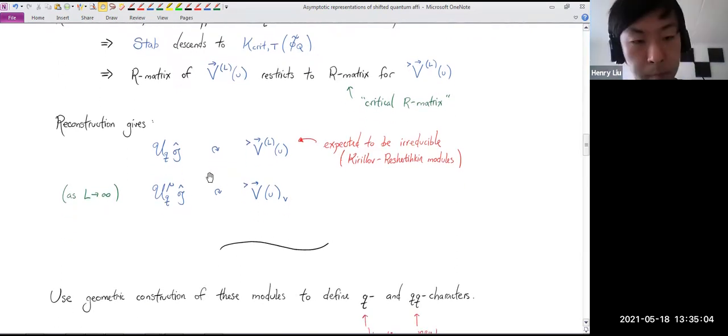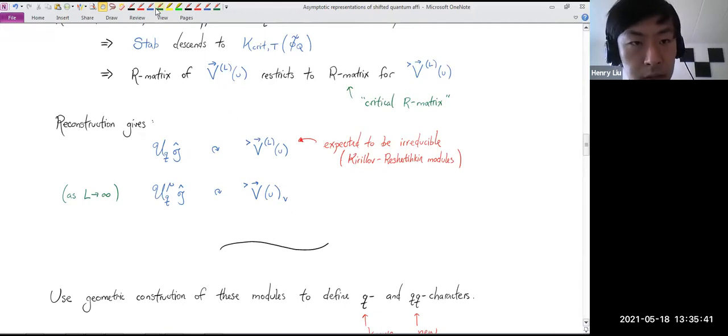And so, like we saw last time, if we now take the length of this chain, or the length of the flags, off to infinity, a shift will occur in the quantum affine algebra. The shift occurs because the critical R matrix will pick up certain singularities as L goes off to infinity. And so what ends up happening is you get this mu shifted quantum affine algebra acting on these modules of infinite descending flags, which are asymptotically v.